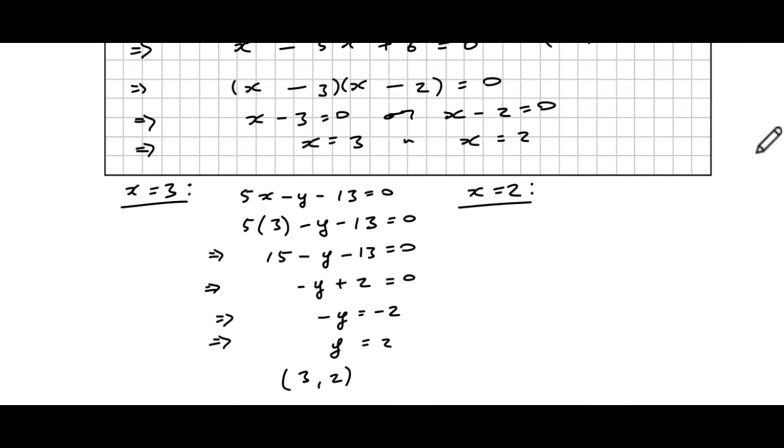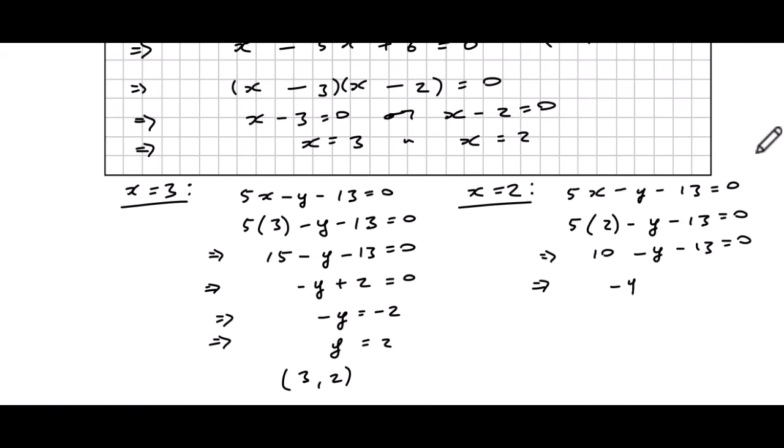So let's take x is equal to 2 now. This is kind of a long-winded question, but you just follow through the algebra. So it's 5x minus y minus 13 equal to 0. Put the 2 in. 2 5's 10 minus y minus 13 equal to 0.